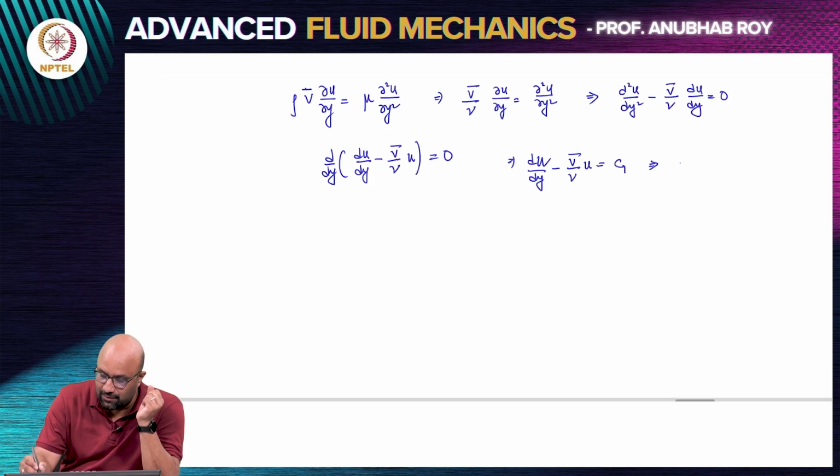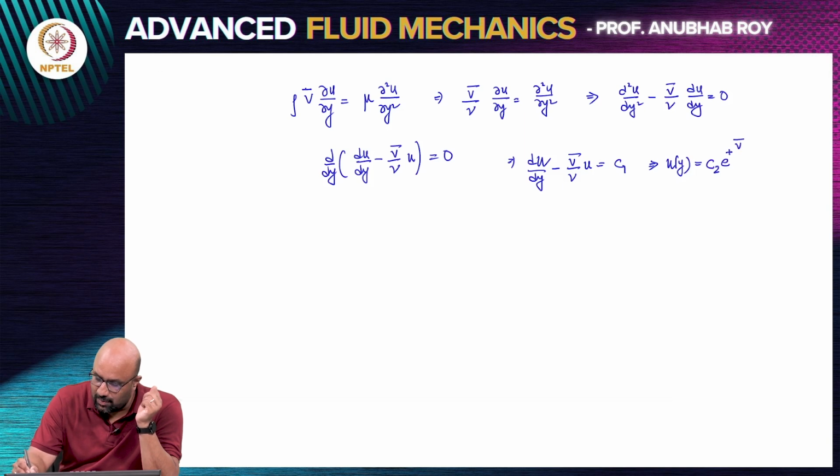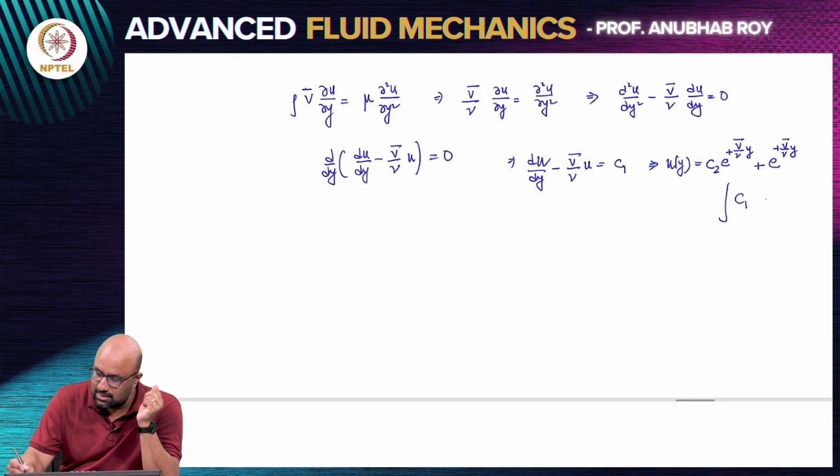Now, if you solve this further, you will have u of y is going to be C2 e to the power plus v bar by nu y, plus e to the power plus v bar by nu y integral C1 e to the power minus v bar by nu y prime dy prime from 0 to y.